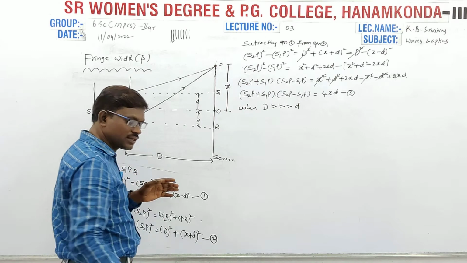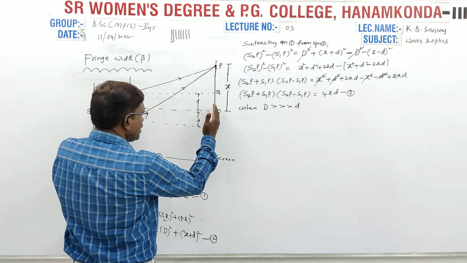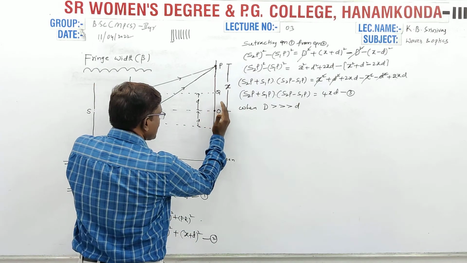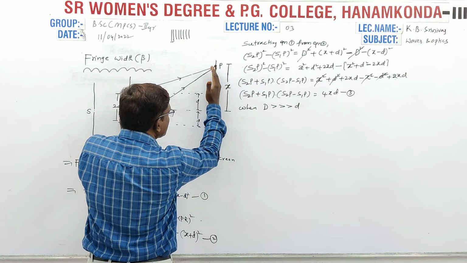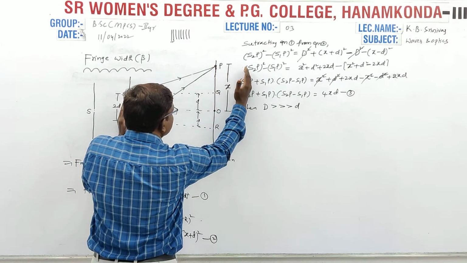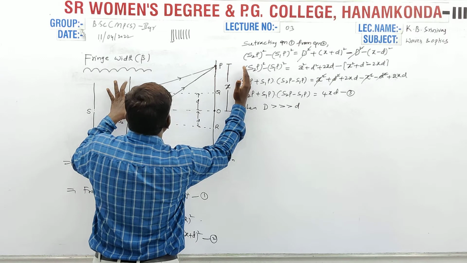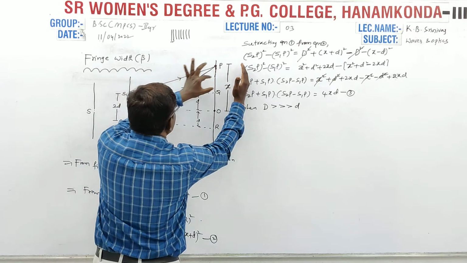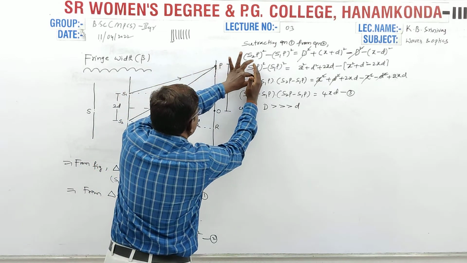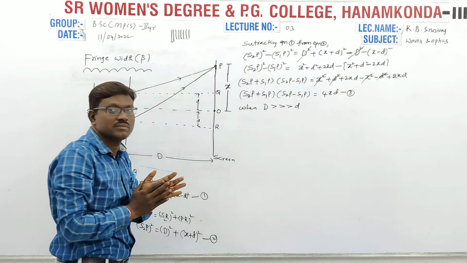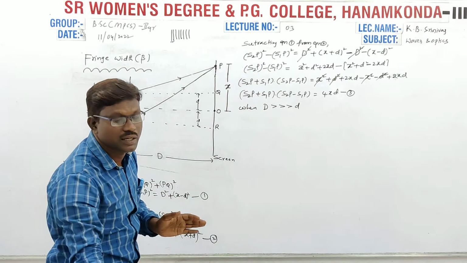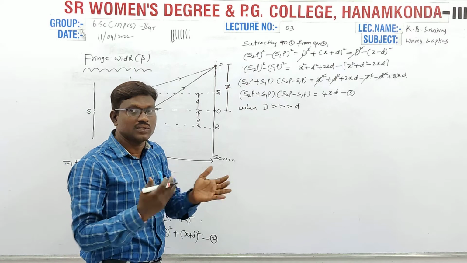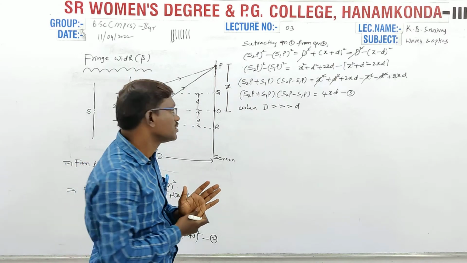Imagine this screen is moving forward. When the screen moves in the forward direction, the distances traveled by these two waves become nearly equal. Finally, they become equal. This is the condition we are assuming to get the final expression.